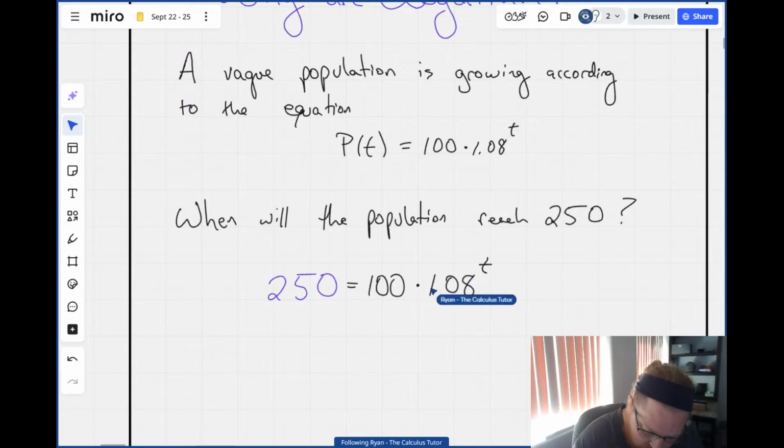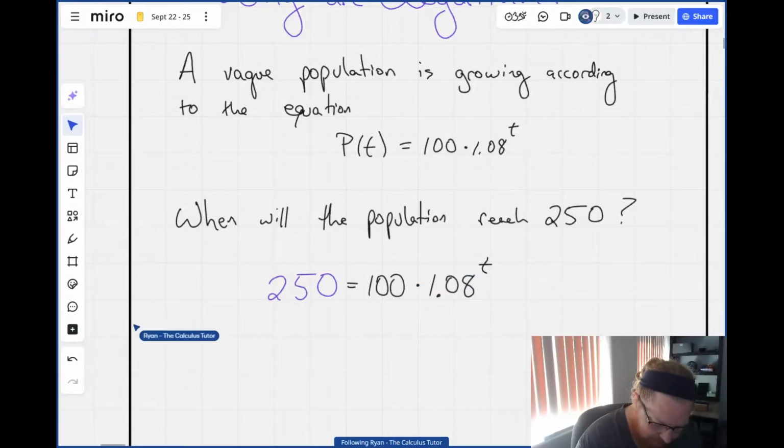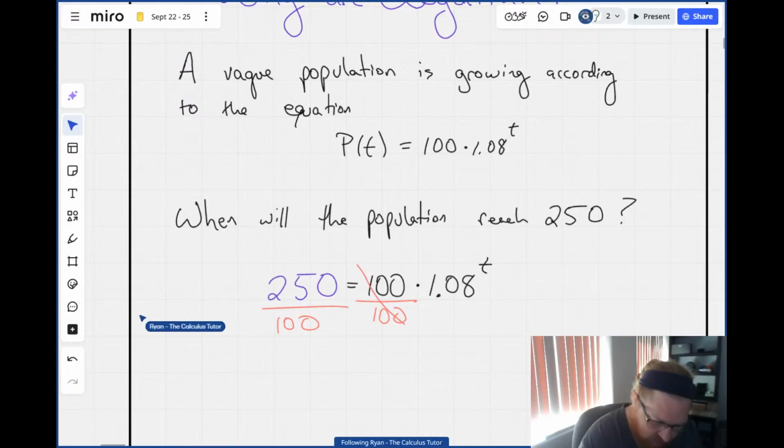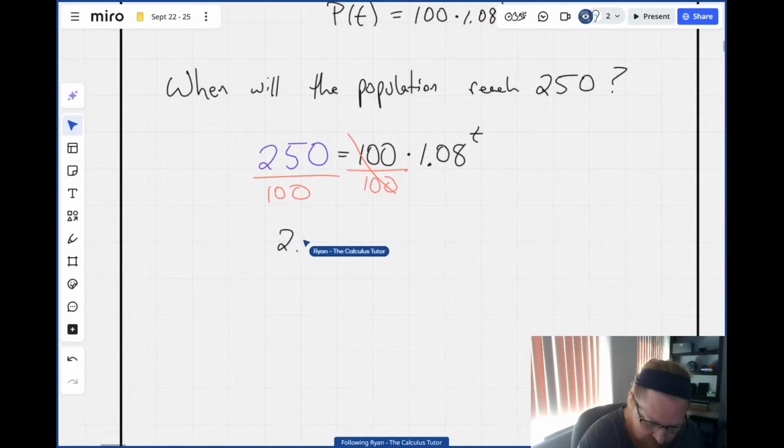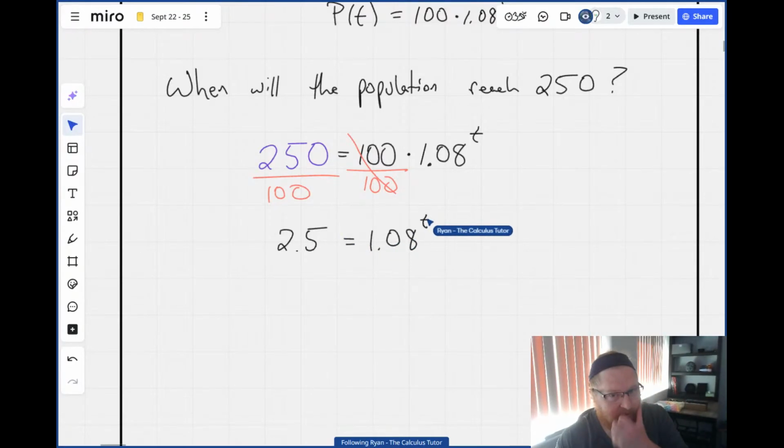Well, 1.08 raised to the t, but it's being multiplied, so we know we have to get rid of that multiplier. So we'll do divided by 100 and divided by 100. Cancel out. And so over here, we'll be left with 2.5. And over here, we're left with 1.08 to the t. And now the question becomes, how do you solve that?